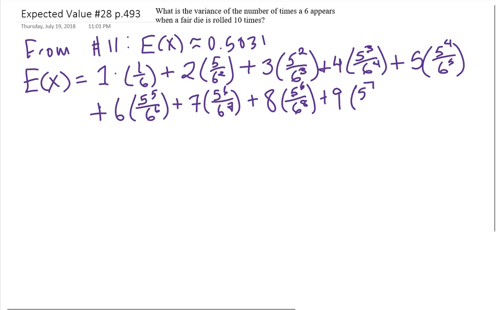I made an error there. That should read 5 to the 7th power. And this should read 5 to the 8th.